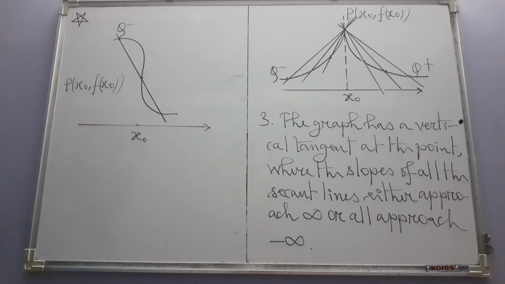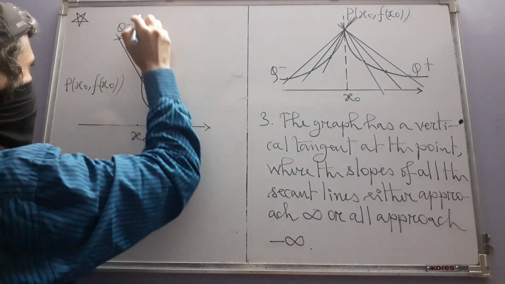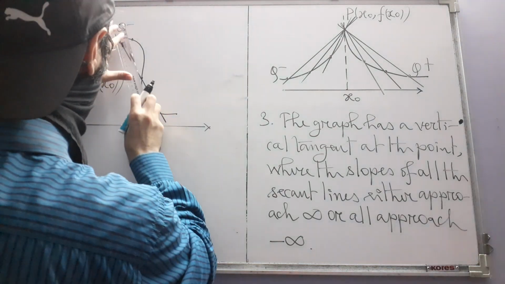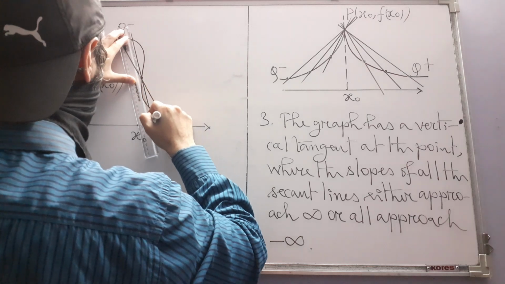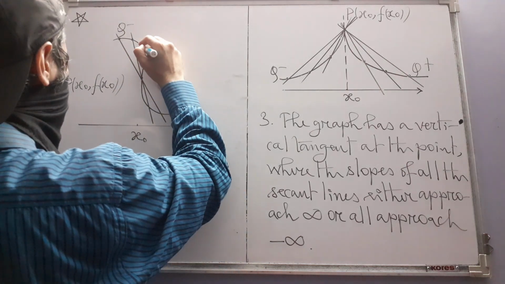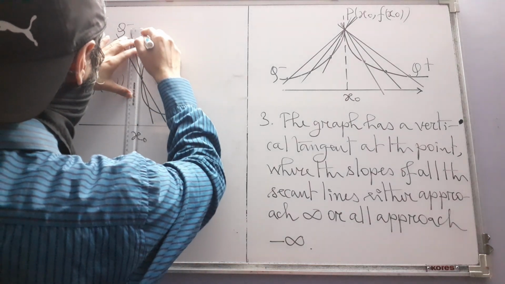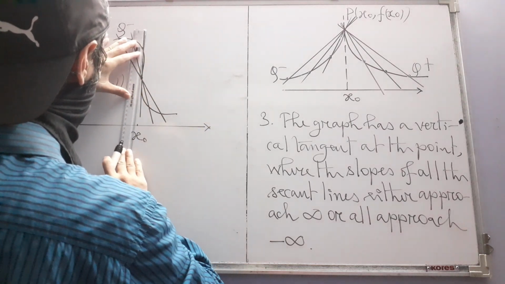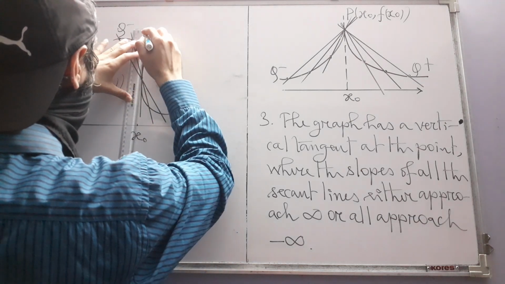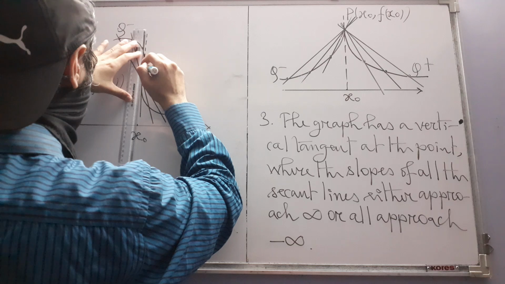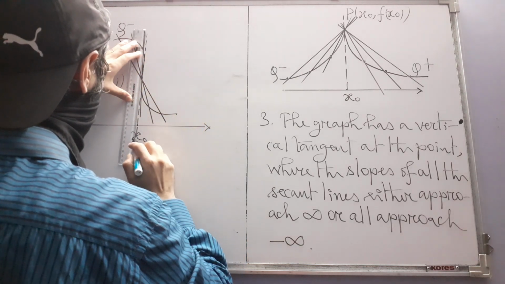I will say why I am extending it afterwards. Let us first see what happens to these secants. As we move our point Q closer and closer to P, the limiting position is this vertical line that passes through P and also passes through x0.